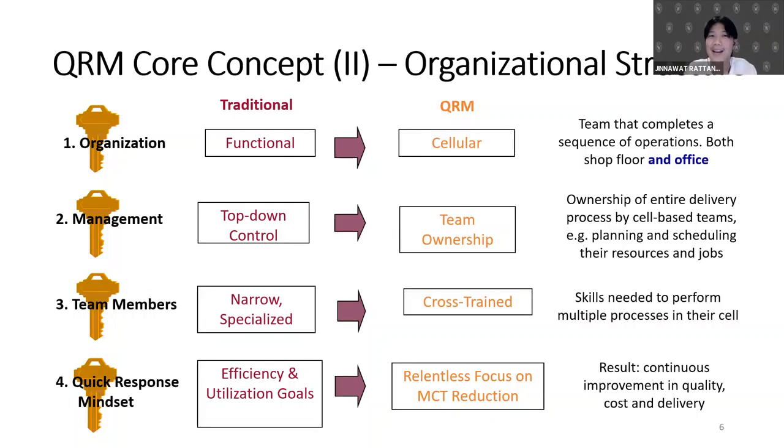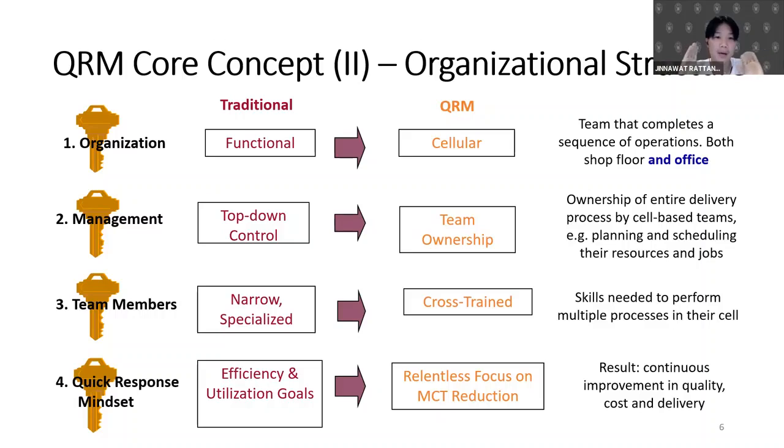Cellular is where we mix many machines in the same place, so we can shorten the transfer of parts or products from place to place and reduce the time.